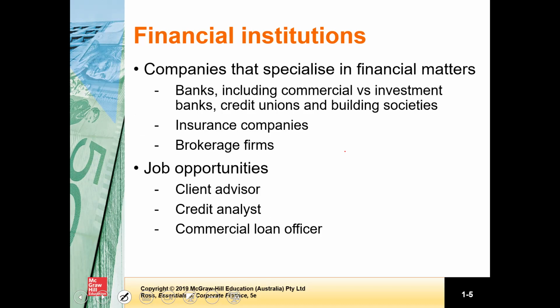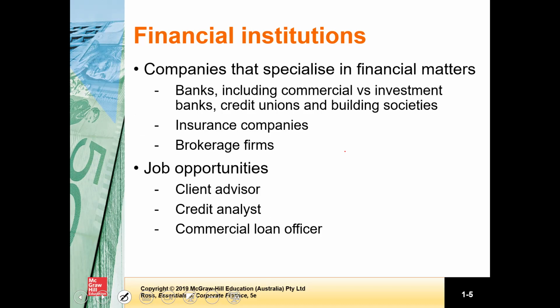Financial institutions are basically businesses that deal primarily in financial matters. Banks and insurance companies would probably be the most familiar to you. Institutions such as these employ people to perform a wide variety of finance-related tasks.